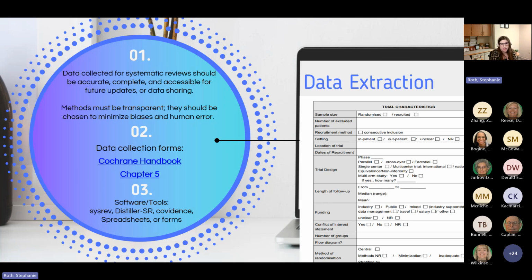You can share your data extraction templates and forms as part of the appendices of the study. So the more transparent you can be about your methods, the better it is for the review. Then there are sample data collection forms in the Cochrane Handbook that help guide you through this process and how to select the forms and which one might be best for your team. And there's different software that can also help with the creation of templates.